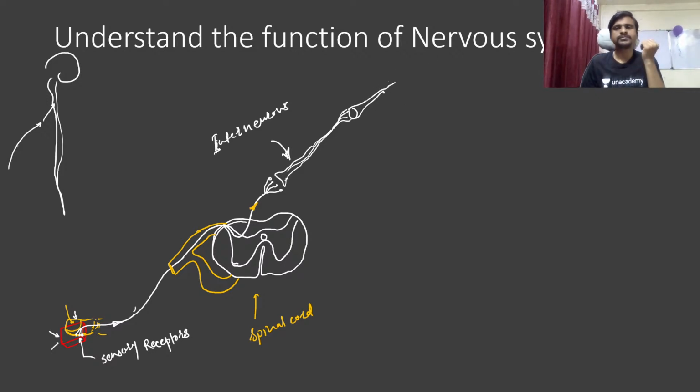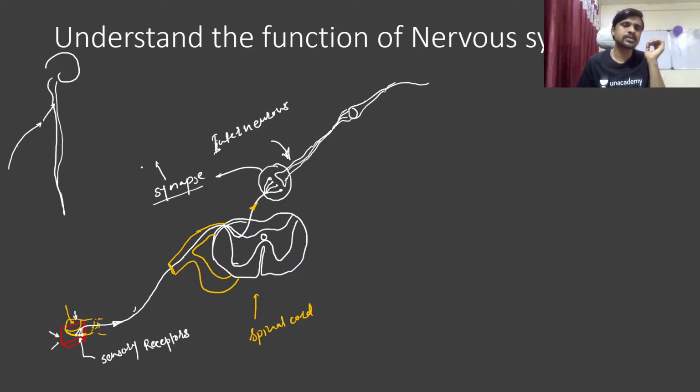Now let's see. The gap between two neurons is called a synapse. So this is nothing but the synapse. We have another separate lecture on the synapse, and in this lecture also we are going to cover it.